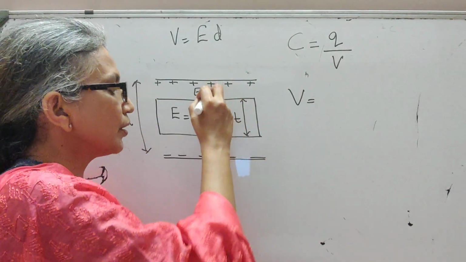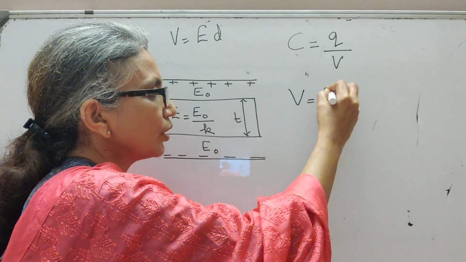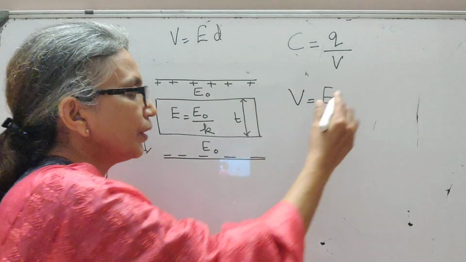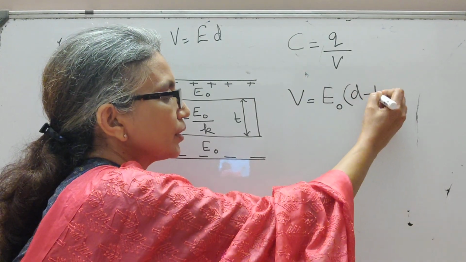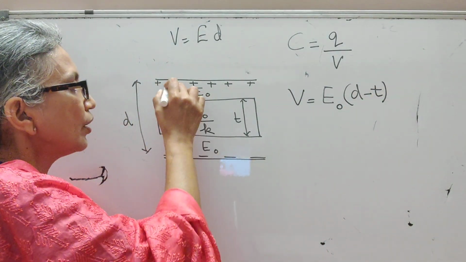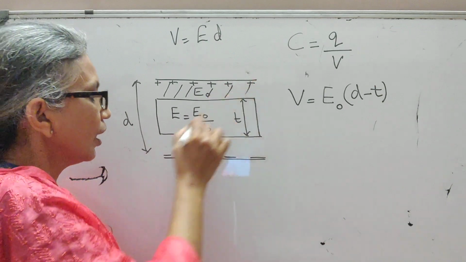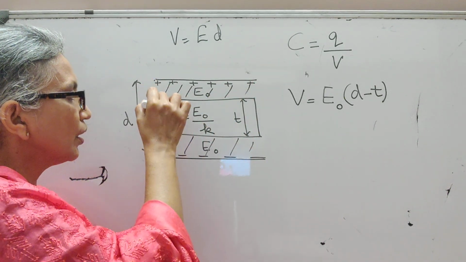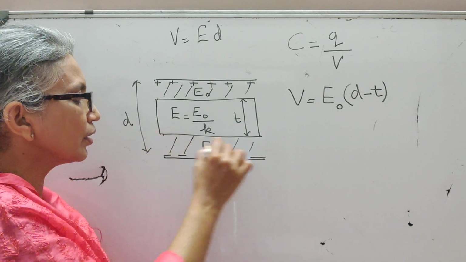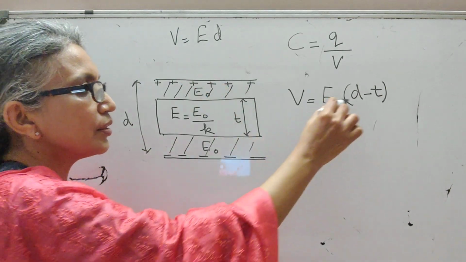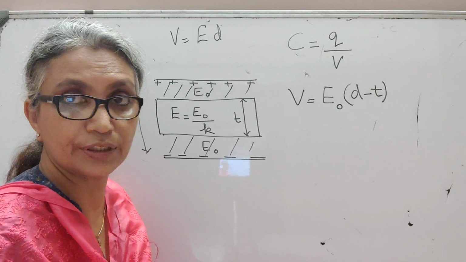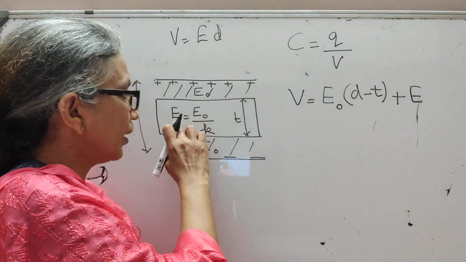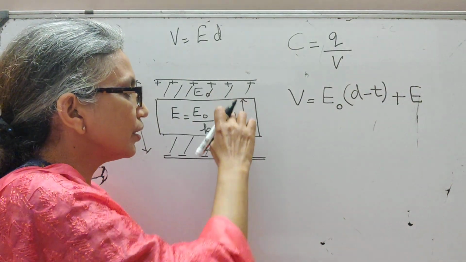I'm going to first write the term E0. So, E0 into the distance in which E0 exists will be d minus t, because E naught exists in this region and this region, which means the total distance being d, subtract the thickness of the dielectric, you will get the remaining distance in which there is E naught electric field, plus electric field inside the dielectric which exists in a distance t.